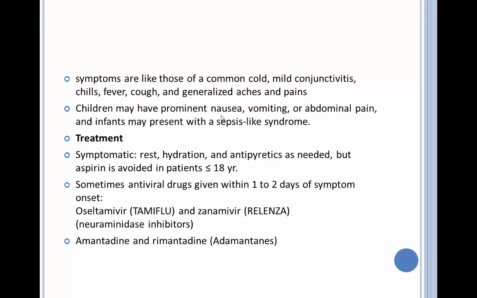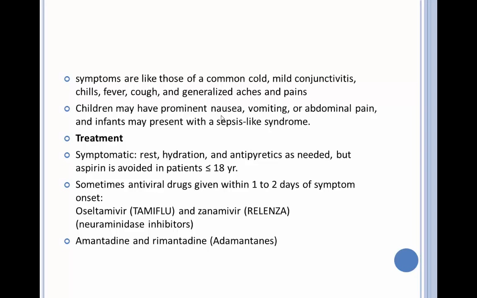Diagnosis is mostly by clinical evaluation. It's very well known to be present in the community. So if many patients surrounding the pediatric patient have the flu, it most likely is an indicator that that's the illness present.